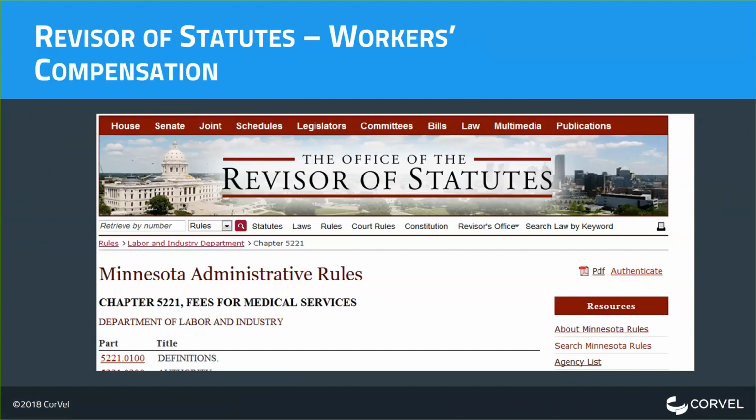the Minnesota treatment parameters. As you can see, when you go onto the Revisor of Statutes page, you will see the Minnesota rules. I pulled up Chapter 5221. If you look at my cursor, you can enter in where it says retrieve by number.